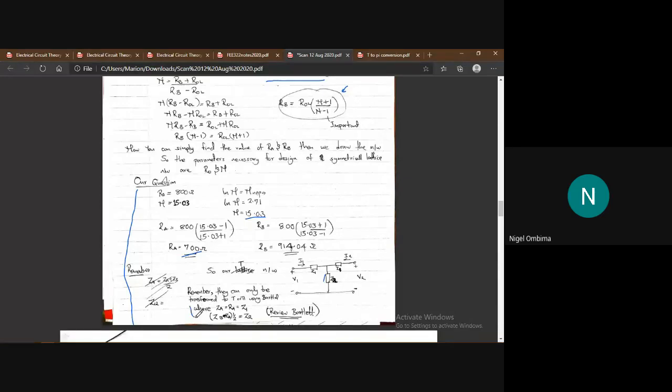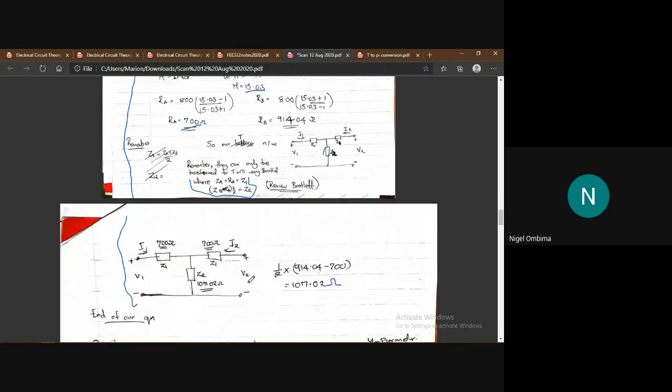Kuna hizi formulas kwa book. There's a derivation, but I don't think there's a derive sign any time. But it's just a formula because from a lattice network kuna ZA na kuna ZB, a symmetrical reciprocal lattice network. Na in our case it's an attenuator, ni RA na RB, si ndio? Nimeona. I've seen, yeah. Okay. Thanks.